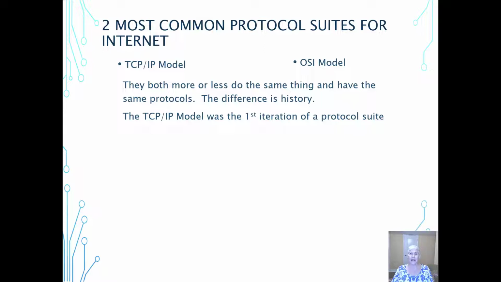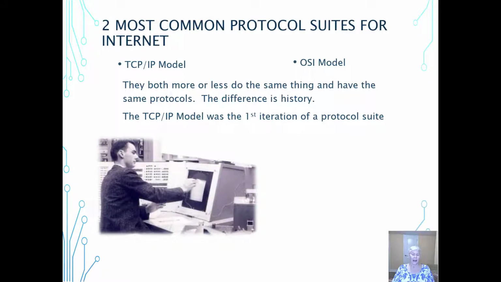The TCP IP model was designed in the 70s when the internet first started, and it is made up of 4 layers: the application layer, the transport layer, the internet layer, and the network access layer. The OSI model is the second iteration of protocol suites, and it is made up of 7 layers.